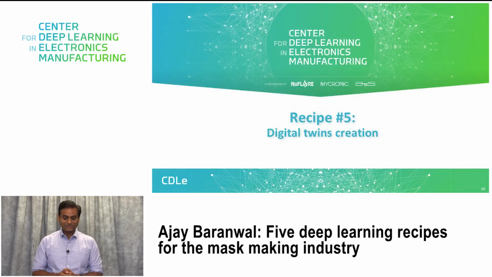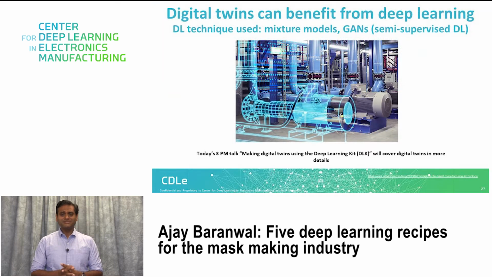Alright, so I would like to go to the last recipe now, and the last recipe is digital twins creation. Digital twins are complex systems which are built using a lot of data, a lot of sensors, a lot of physics based simulation, and also deep learning. The deep learning techniques it uses are mixture models, GANs, and even reinforcement learning.